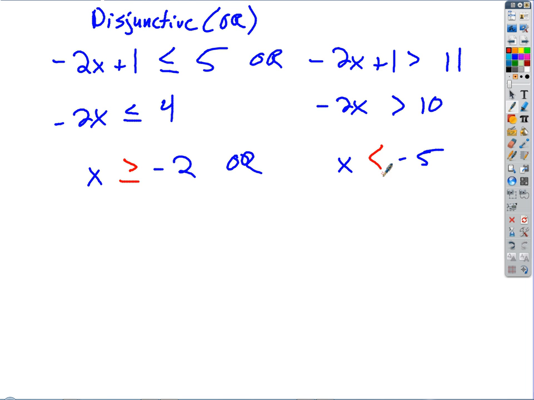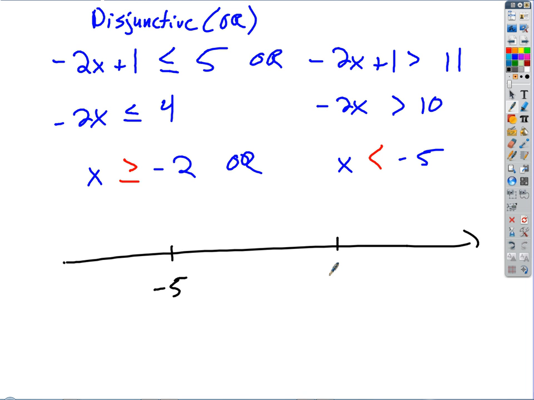And if I were to graph this one, we'll make this quick. Let's see, where are my endpoints going to be this time? If x has to be greater than or equal to negative 2 or less than negative 5, where are the important points? Negative 2 and negative 5, right? So here's negative, whoops, that's negative 5. And then to the right of that someplace is negative 2, right? Maybe we could fill in the blanks if we wanted to. Which parts get shaded? How do I say this stuff over here?